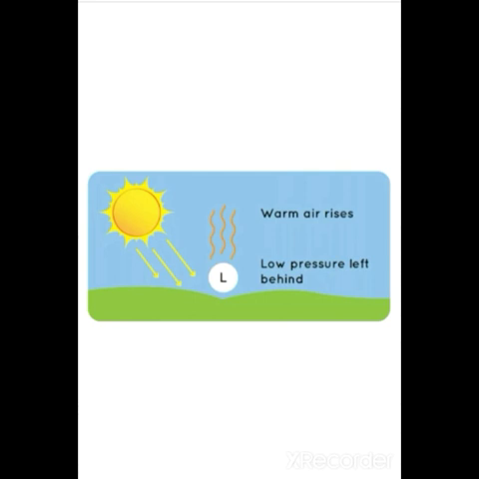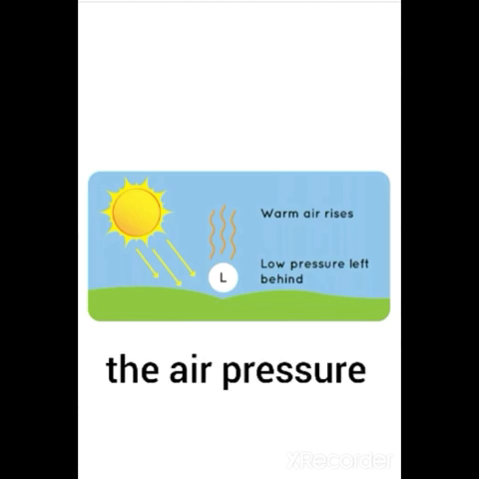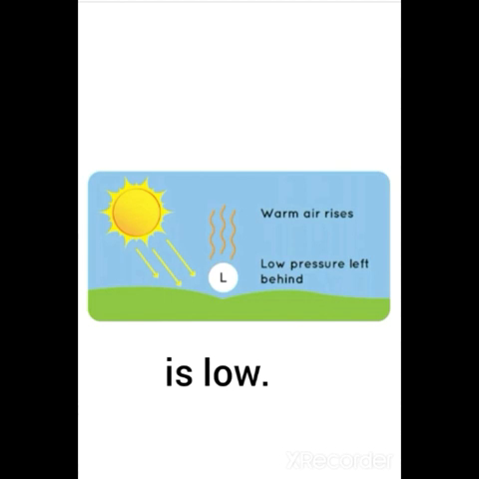And now we will see the next factor influencing air pressure: temperature. Temperature and air pressure are closely related. Wherever the temperature is high, the air pressure is low. As the temperature rises, the air gets heated, expands, and becomes lighter.